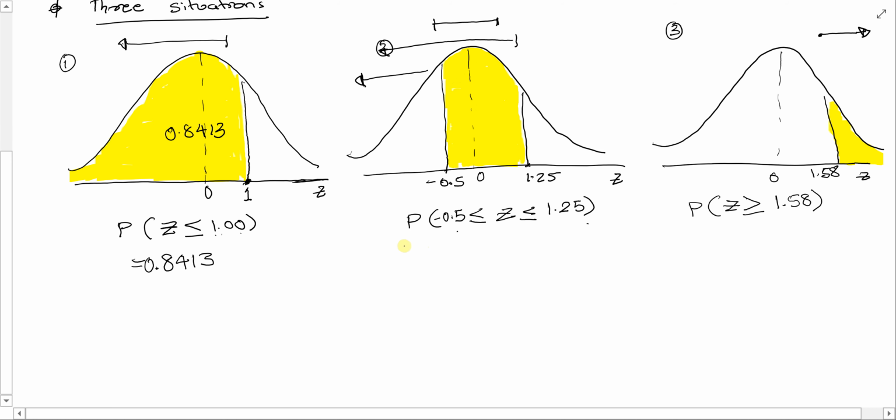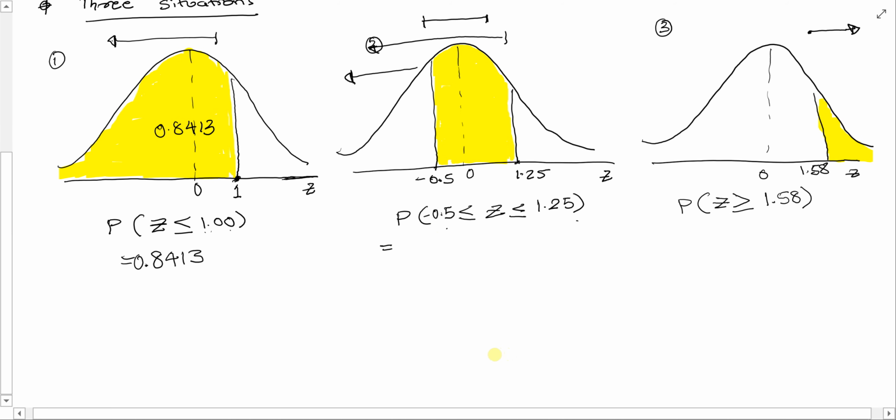In terms of notation, if one is interested in the probability between two values of z, it's the probability that z is less than or equal to 1.25 minus the probability that z is less than or equal to negative 0.5, because that's what the table gives you, the area to the left of some value of z.